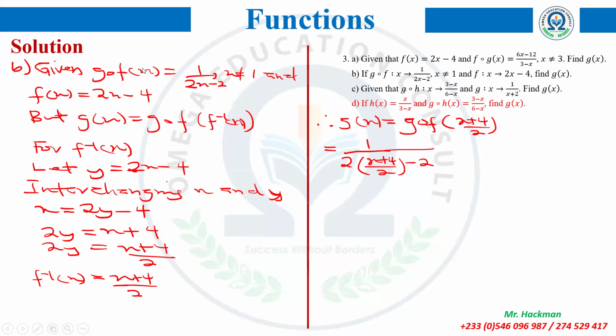You should know g of 1, meaning you substitute 1 here. But g of f of x plus 4 over 2 means wherever I see x, my new input here is x plus 4 over 2. In that function g of f, my numerator 1 contains no variable, so I'll write it over my denominator. It is this x that I substitute, the rest must be left intact. So it will be 2 into my new x, which is x plus 4 over 2, then minus 2. Is that clear now?